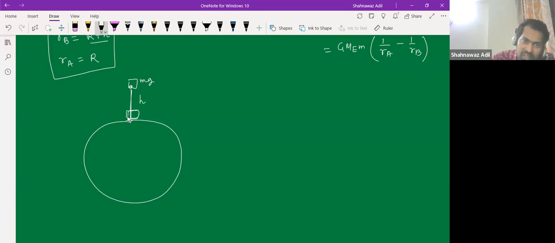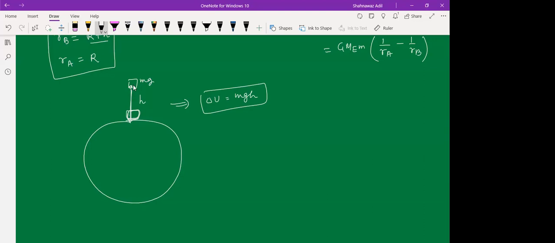So what is the change in potential energy from here to here? That is what we call MGH, the work done in bringing the mass from here to here.